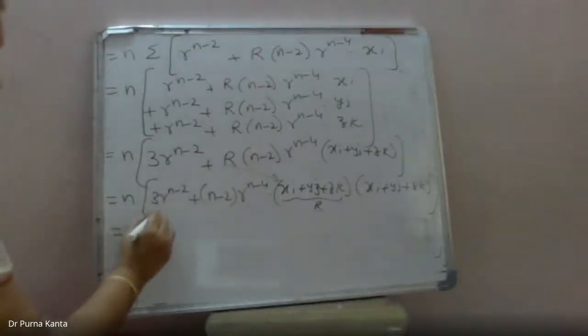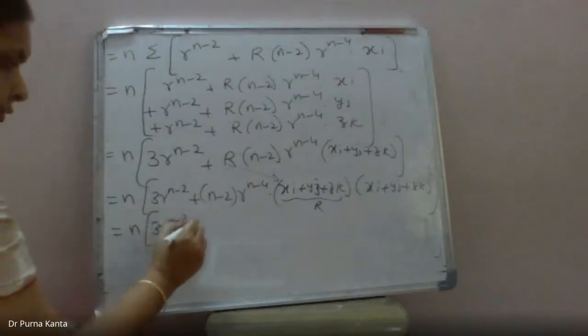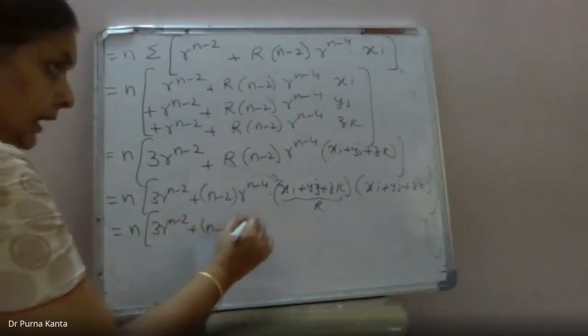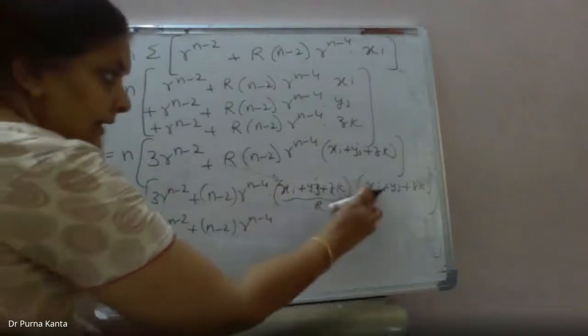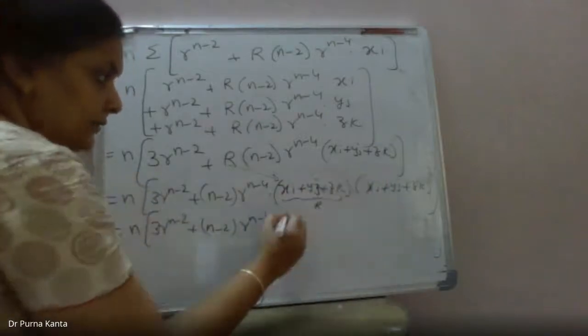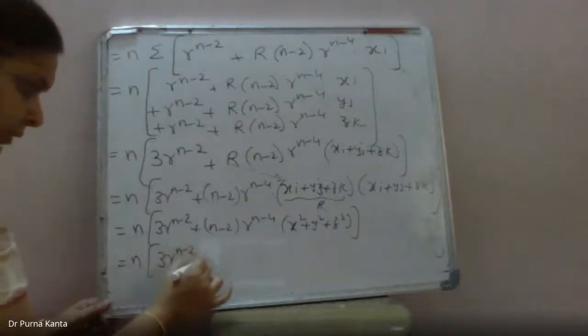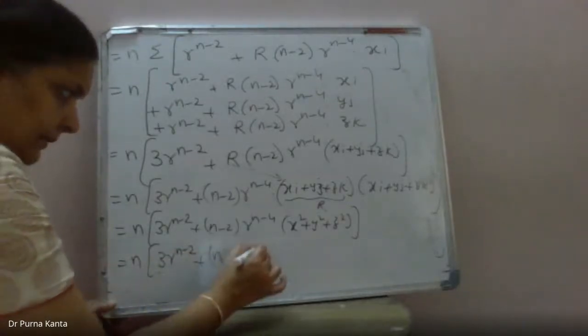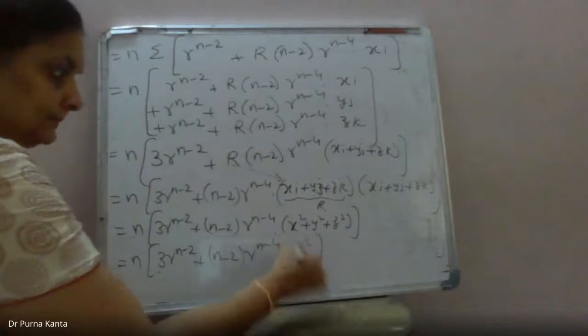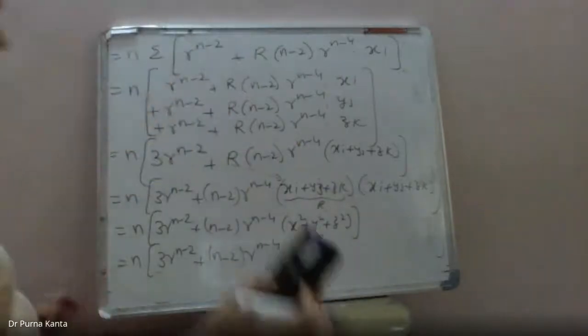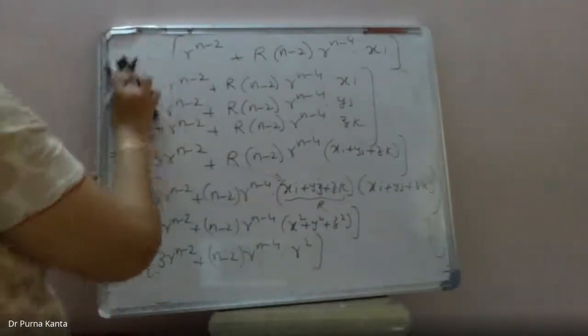So what will be the value? n into 3 r power n minus 2 plus n minus 2 r power n minus 4. I dot i is 1, j dot j is 1, k dot k is 1, which is x square plus y square plus z square, and this is r square. I'll erase this here.